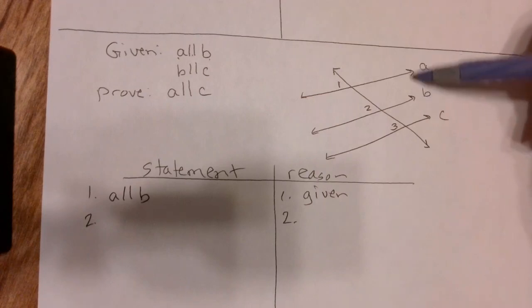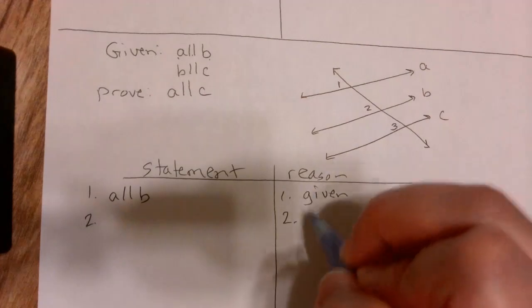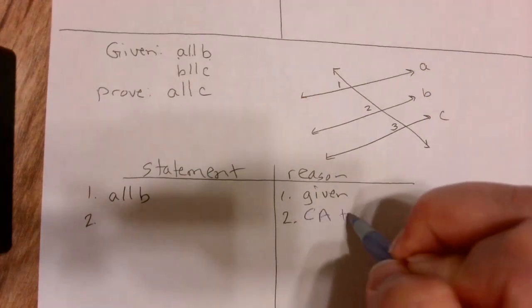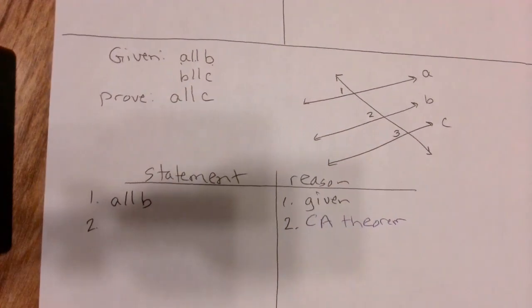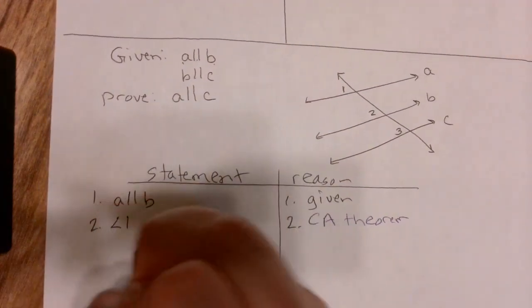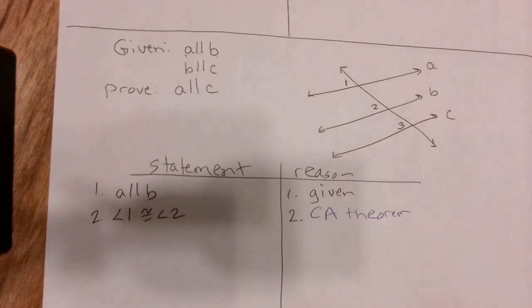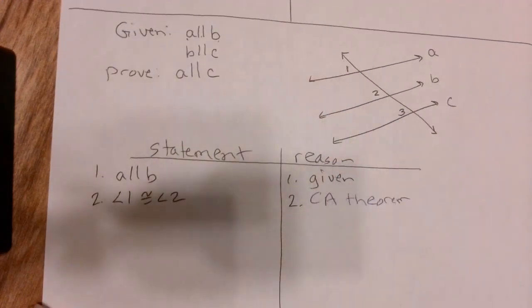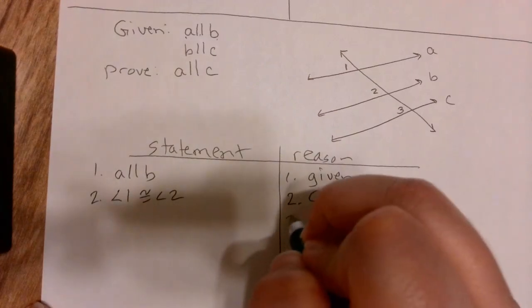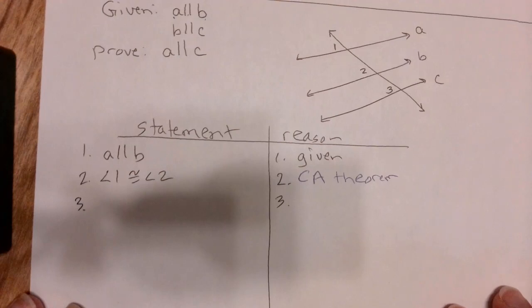If we know that A and B are parallel, then the corresponding angle theorem says that corresponding angles are congruent, that angle 1 is congruent to angle 2. You don't have to do this with corresponding. You could do it with alternate interior and so forth. I think corresponding may be the fastest, easiest for me to see. So wouldn't be any fewer steps.